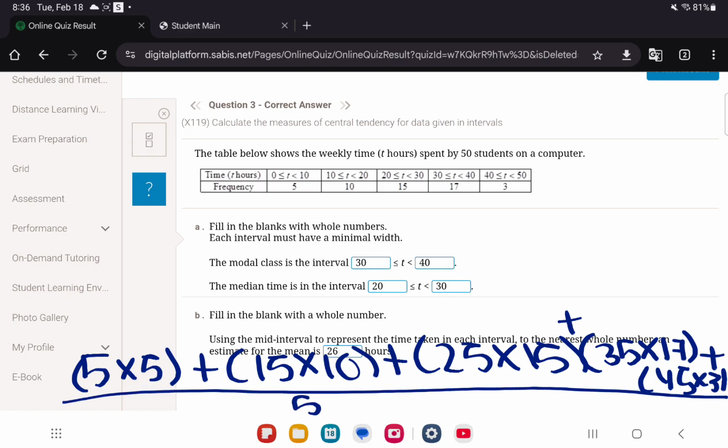So 5 plus 10 plus 15 plus 17 plus 13. Sorry, not the sum of the mid intervals, the sum of the frequencies.